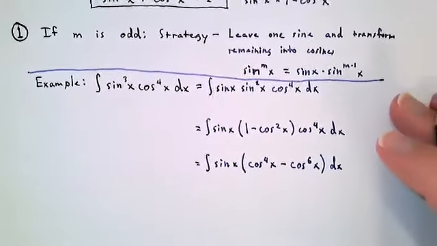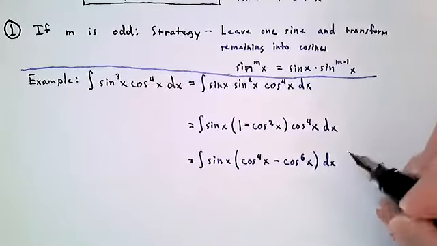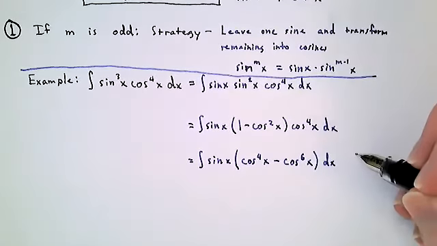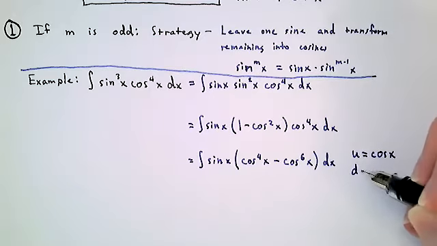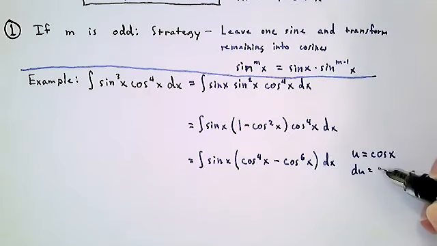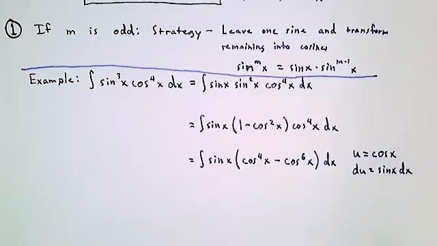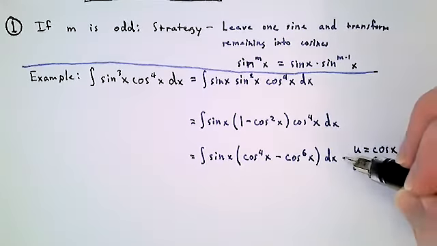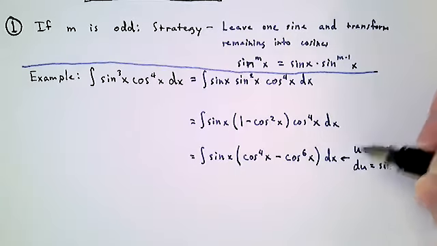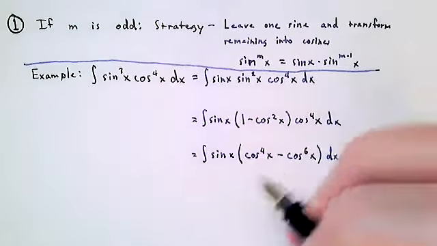And then we have a little bit of room over here where we can do our u substitution. Like I said, u is going to be cosine, and du will have a sine, and then of course dx tagged on for our differential. Okay. So this is the trick behind our strategy.